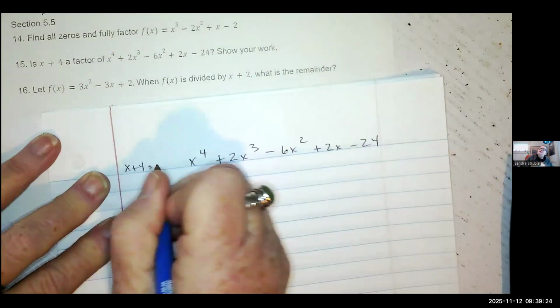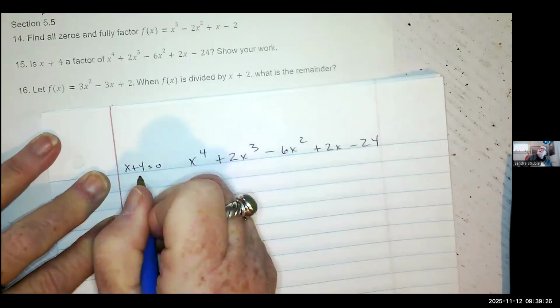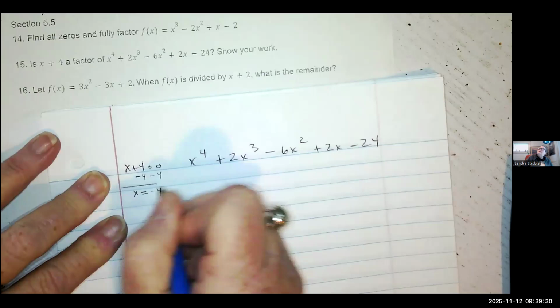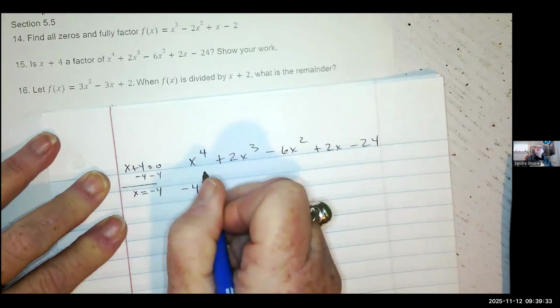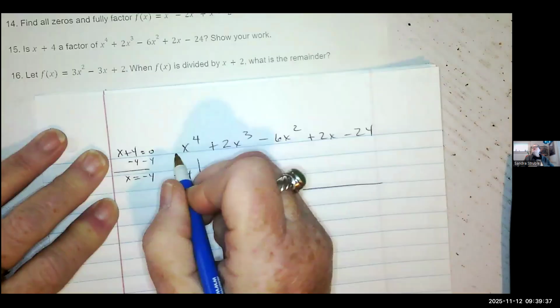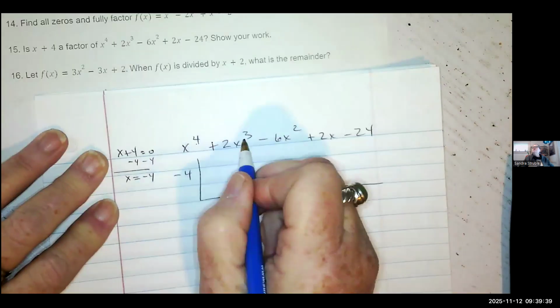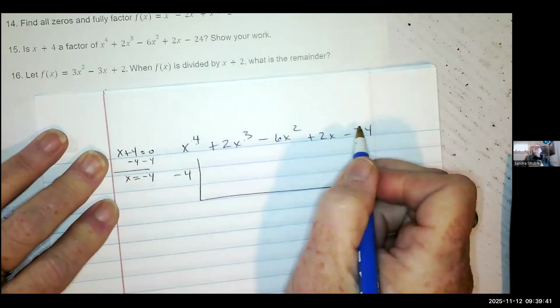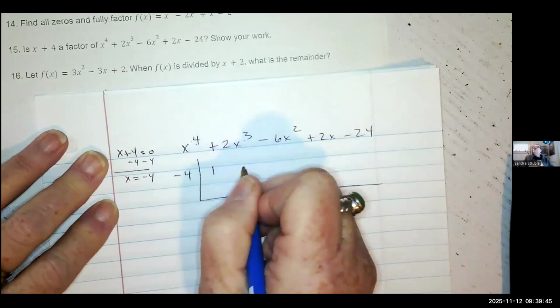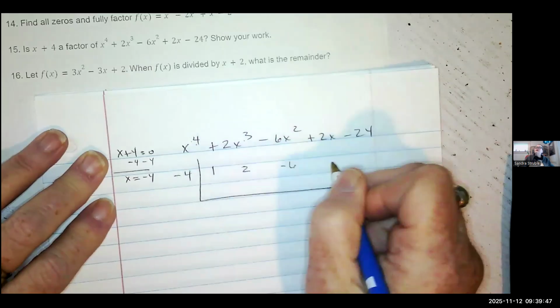Subtract 4 from both sides. You're going to take that -4 and synthetically divide this polynomial. Take the coefficients of each. First, make sure they are in order from highest exponent to constant: 4, 3, 2, 1, constant. Then put your coefficients: 1, 2, -6, 2, and -24.